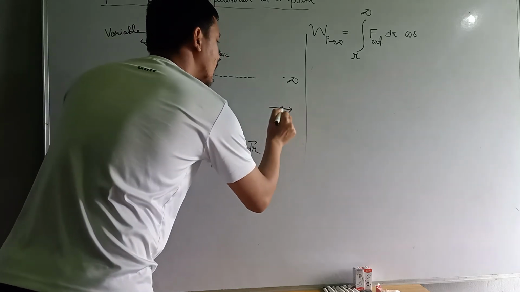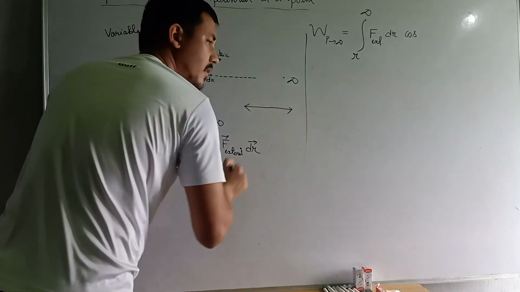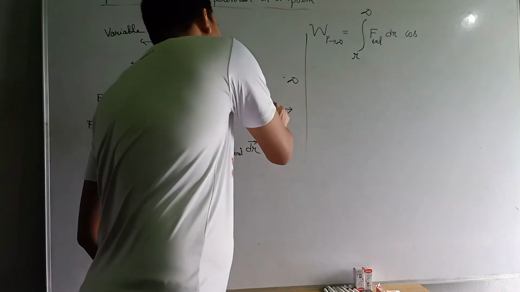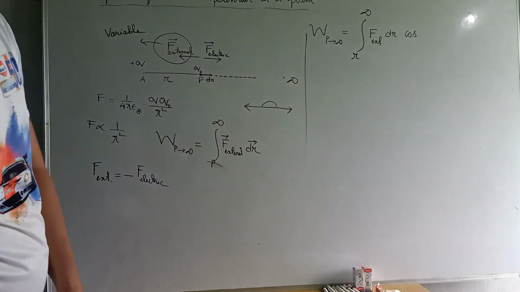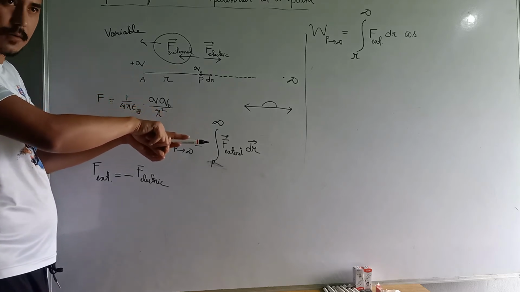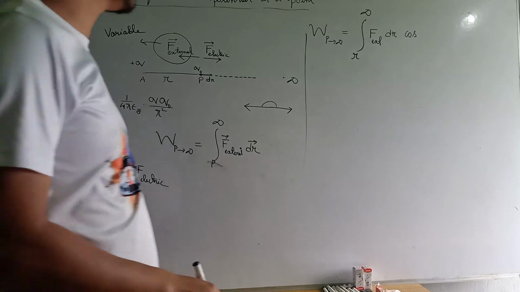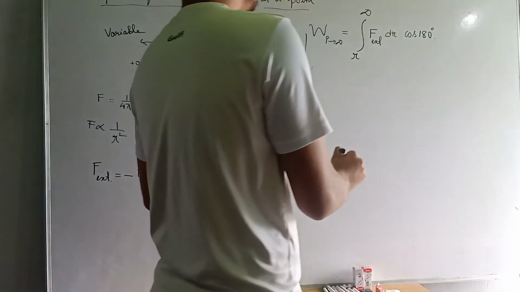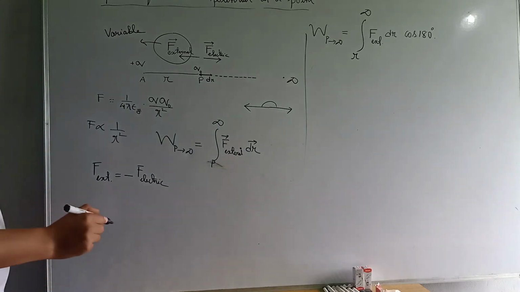Electric force is acting here, external force is acting here. What is the angle between them? 180 degrees. If both the forces act in the same direction, then the angle will be 0, but if they are in opposite directions, the angle is 180 degrees. What is the value of cos 180 degrees?